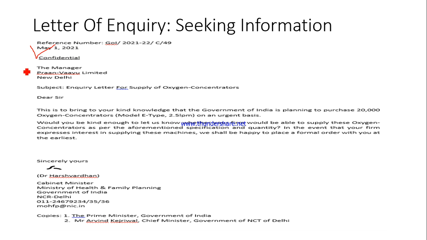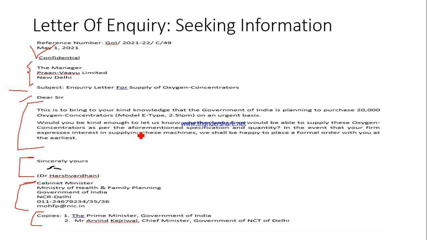This could be a confidential letter, the name and the address of the receiver, then the subject line, then we have the salutation, and now we have the body of the letter, and then it is followed by the complimentary close, and then we have the name and the address of the sender, followed by the information regarding the individuals to whom the copy is being sent, right?